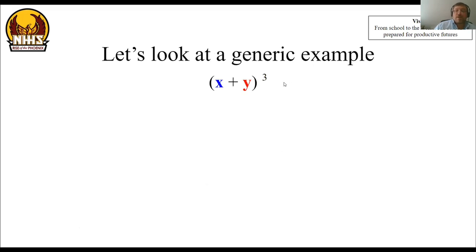X plus y equals 3. So let's first start off with Pascal's numbers. I'm going to write them right up here for you so you can see. Remember, we had 1. We had 1, 1.